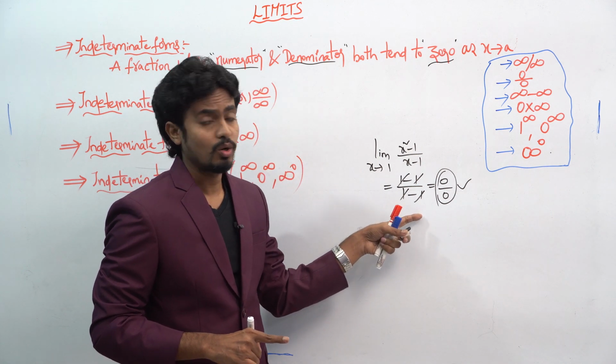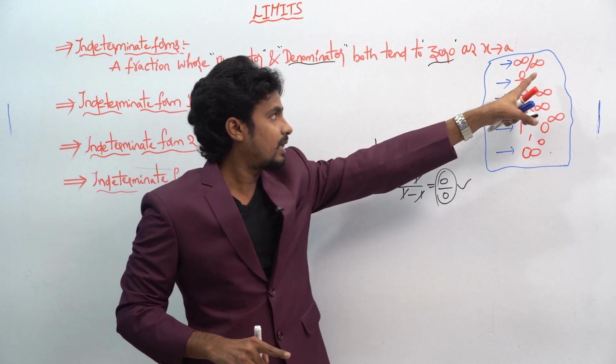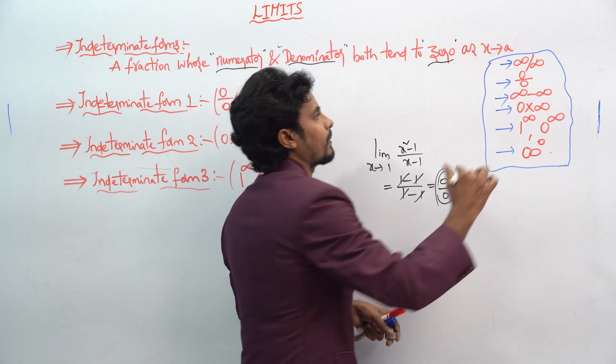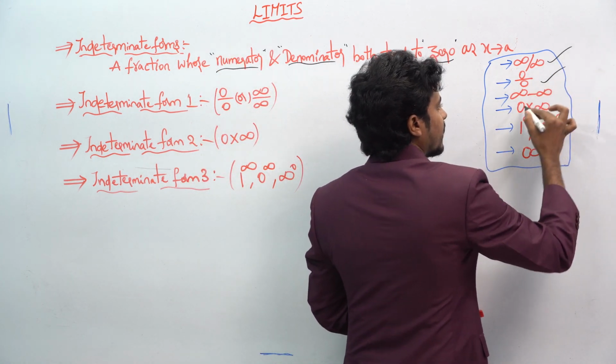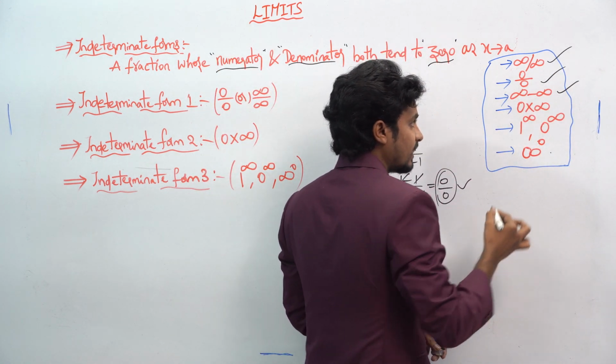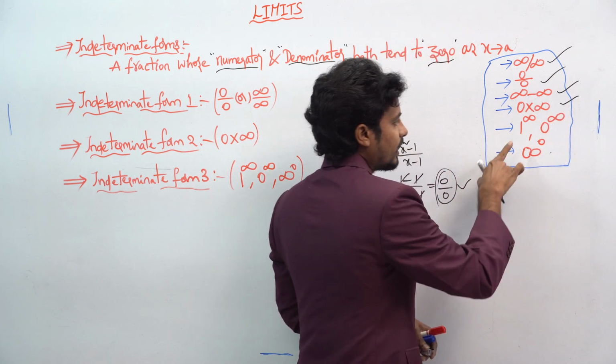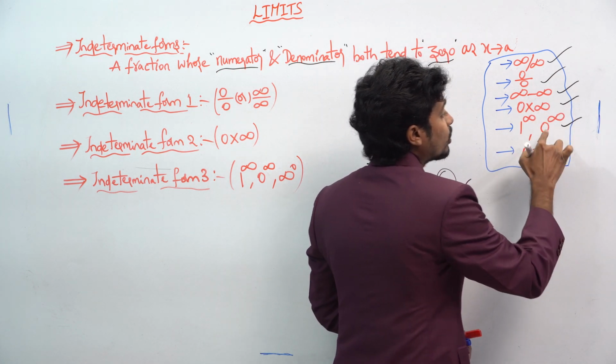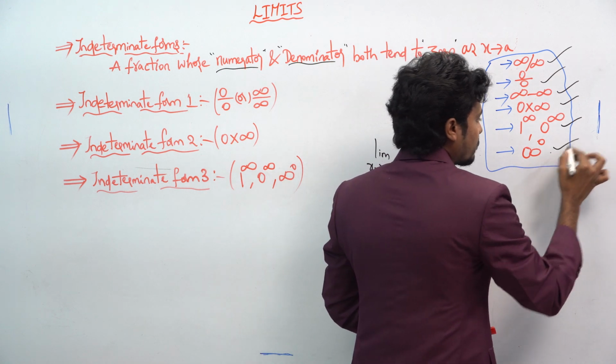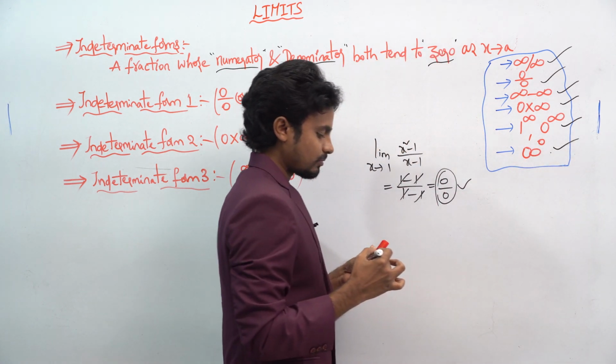In some cases, we also get infinite by infinite, infinite minus infinite, 0 cross infinite, and 1 power infinite, or 0 power infinite, or infinite power 0.